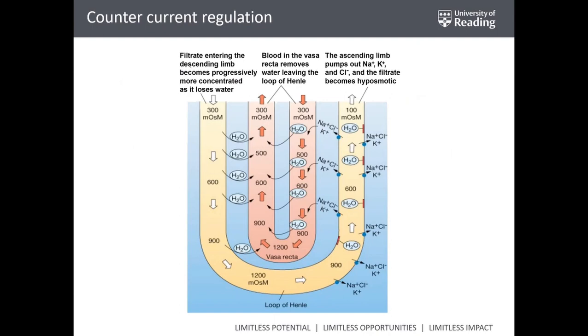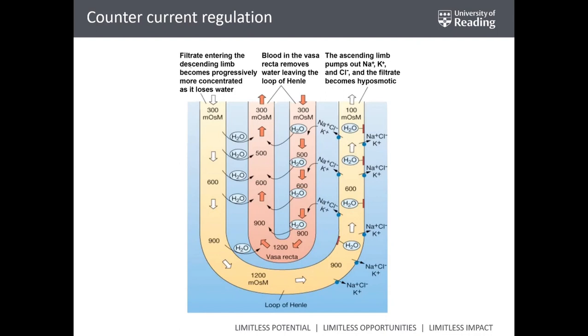So this is basically the same as what I have already discussed, but it adds an element, which is the vasa recta, okay? So, of course, all the solutes and the water that are contained in the interstitium will move into the vasa recta, into the vascular component of the medulla. So the blood in the vasa recta moves water, leaving the loop of Henle.